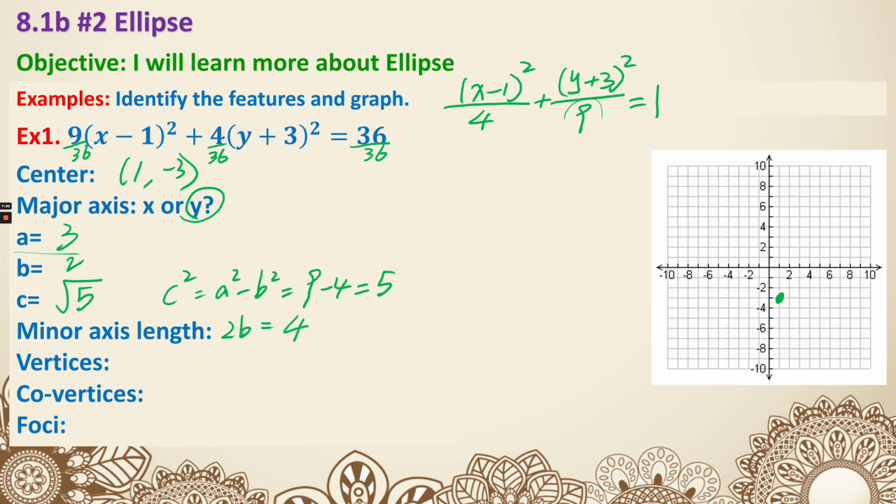So again, going back, major axis is y, so it's going vertically, and a is 3, that means we're going up or down by 3. So that is our major axis. As for the minor axis, we will have left and right, so this time counting 2 to the left and 2 to the right.